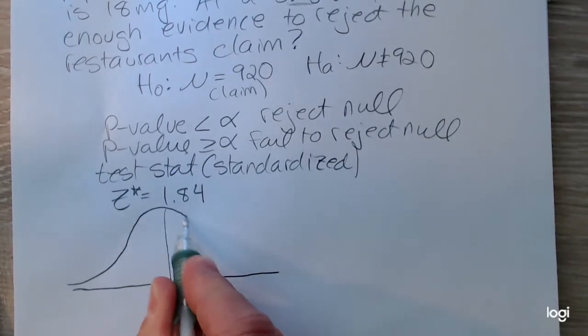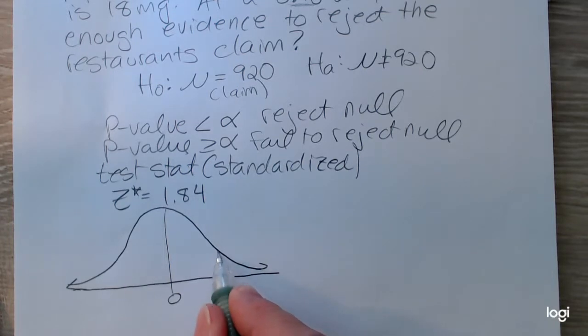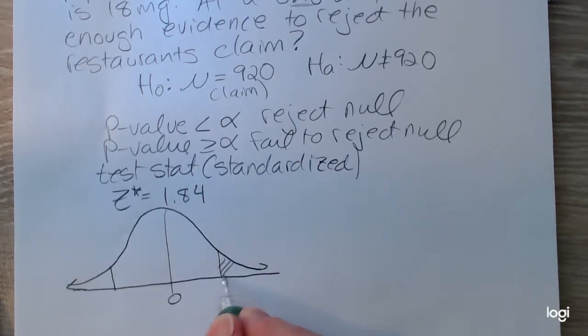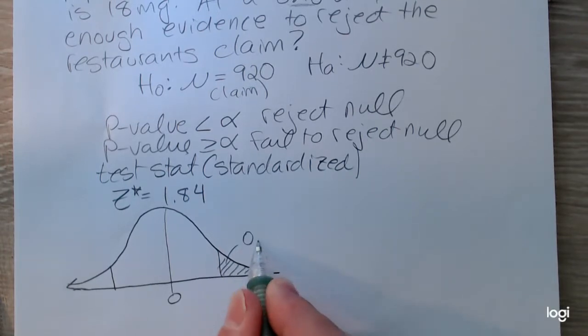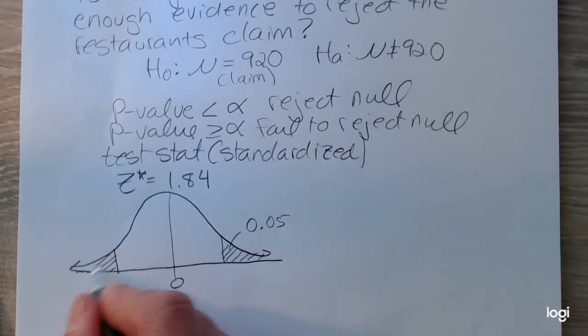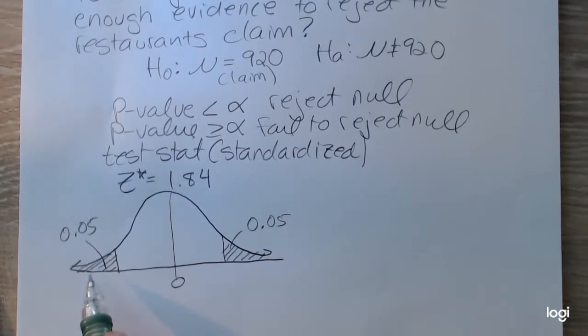All right, so drawing my standard normal curve, and because I have a two-tailed test, I have to divide alpha in half. So I'm going to put 0.05 amount of area in this upper tail and 0.05 amount of area in this lower tail.